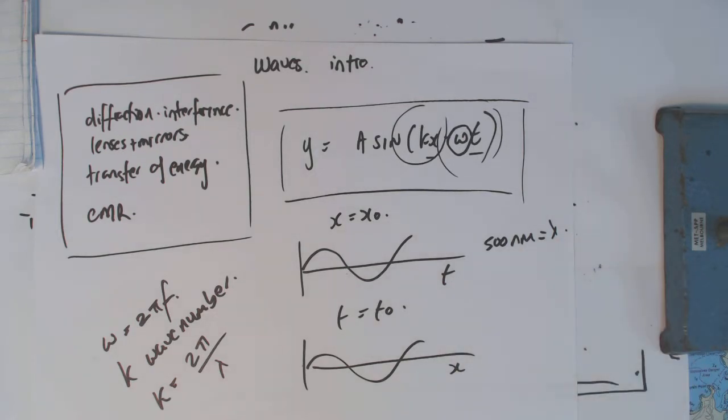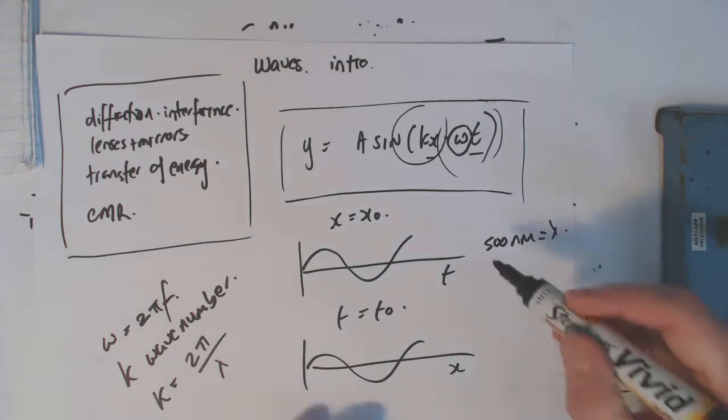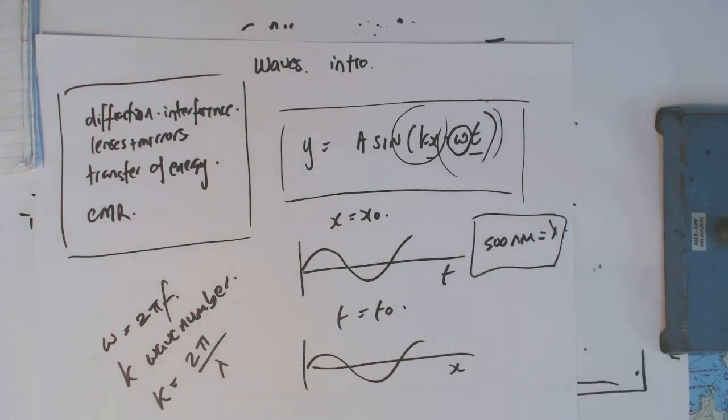We're talking about 13, 14 million radians per meter. That's a pretty big K. Whereas a radio wave might have 100 meters for its wavelength. So how many radians does it do in a meter? Well, 1/100th of 2 pi. So this is the terminology for the maths of waves, but we don't really need to know much about that.